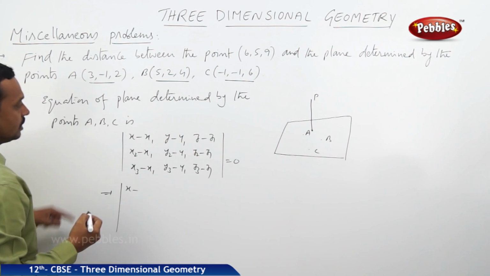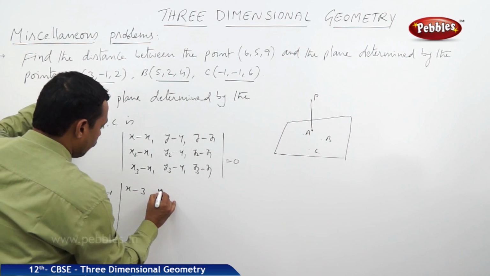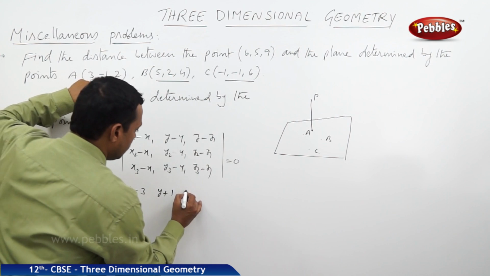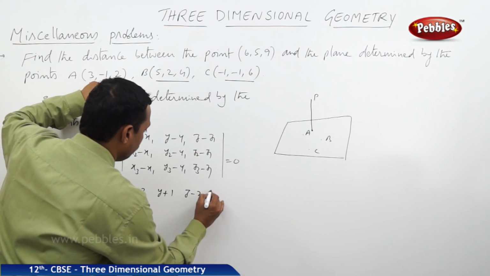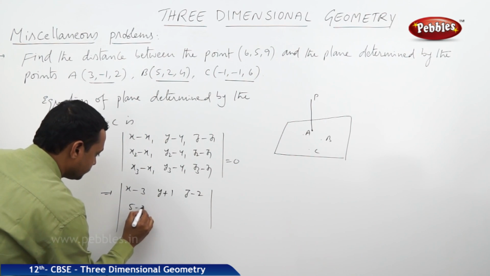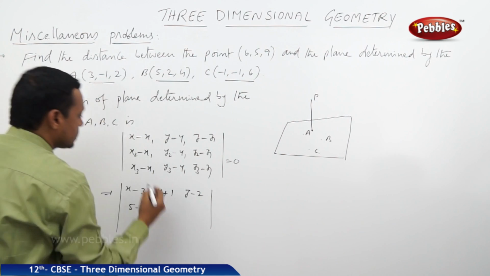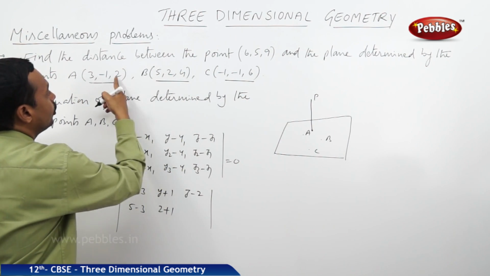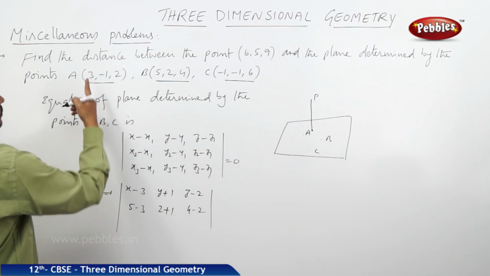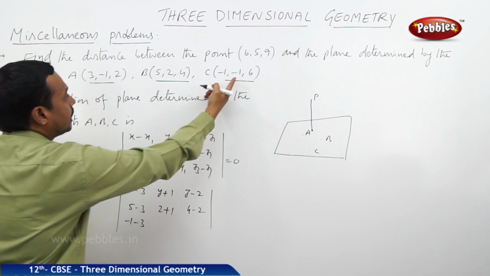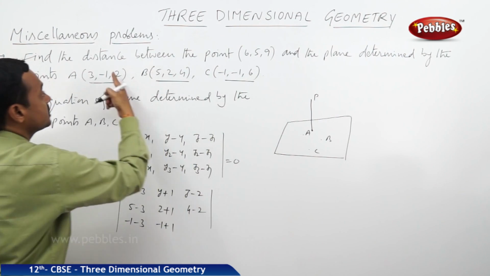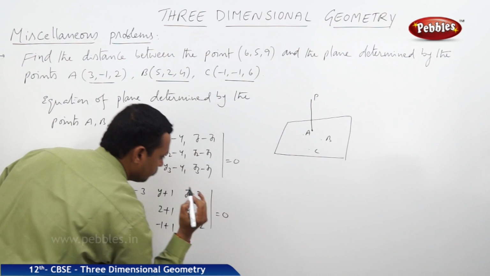That is x minus x1, where x1 is equal to 3, y minus y1, y1 is equal to minus 1, so it is y plus 1, z minus z1, z1 is equal to 2, then x2 minus x1, 5 minus 3, and 2 minus of minus 1, that is 2 plus 1, 4 minus 2, then x3 minus x1, minus 1 minus 3, and minus 1 minus of minus 1, 6 minus 2 is equal to 0.